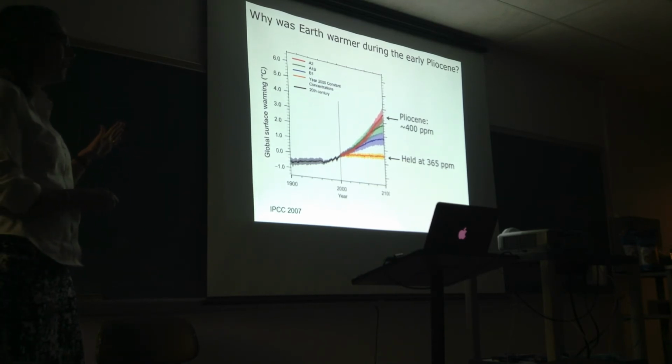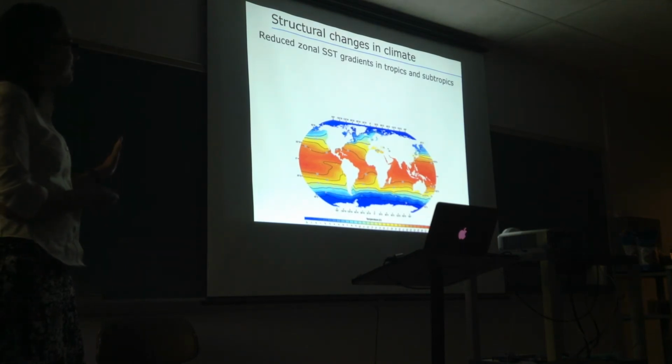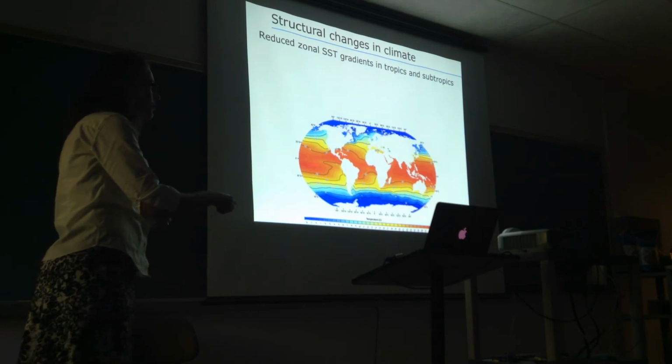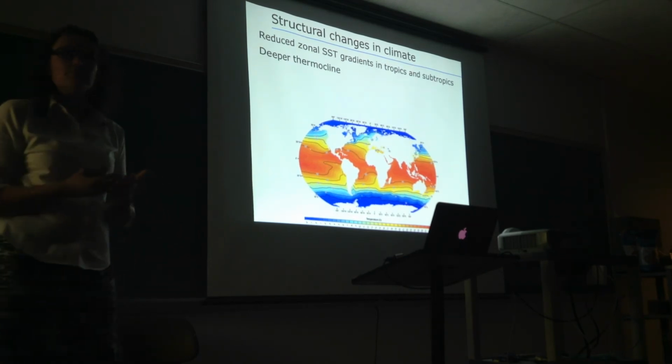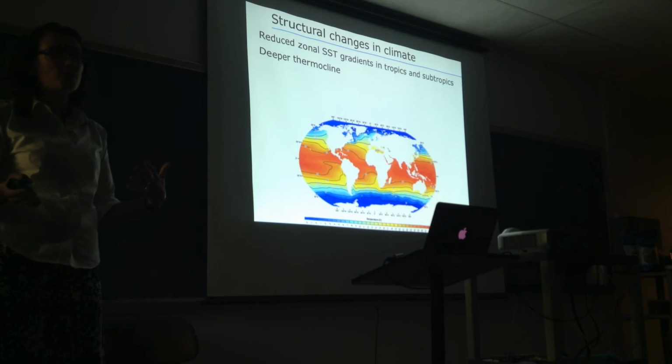And then we'll look at the patterns that those result in and see if they match the patterns of the data. So remember that the pattern of the data was that we had a reduced zonal sea surface temperature gradient. So zonal just means east to west. We had a deeper thermocline all along the tropics, and there are new records coming out that show that's true not just in the tropics.